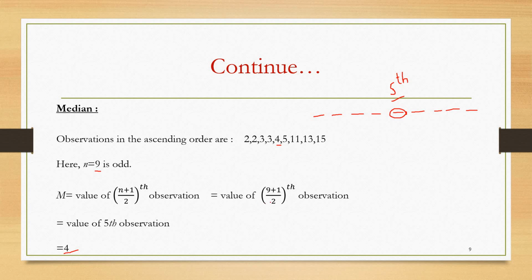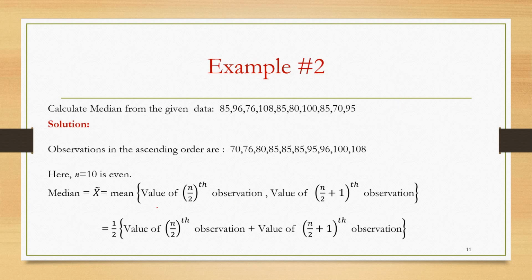When n is even, the median is equal to the mean of the value of the n by 2th observation and the value of the n by 2 plus 1th observation.